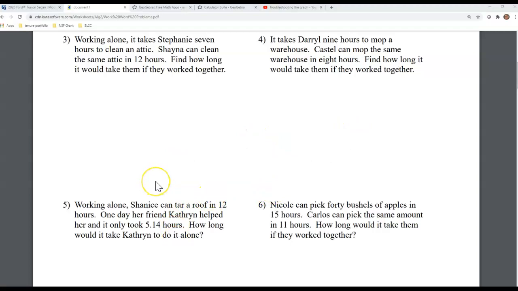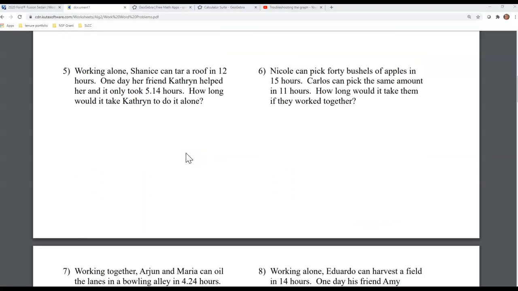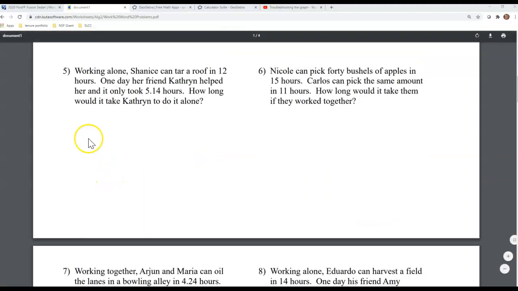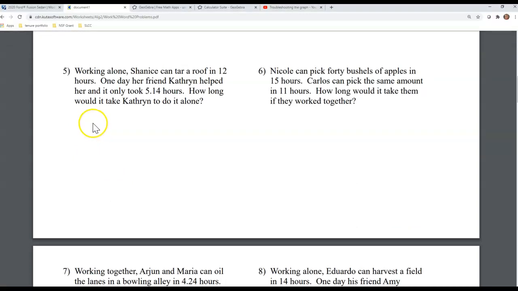Let's see, not sure if it'll let me write on here.